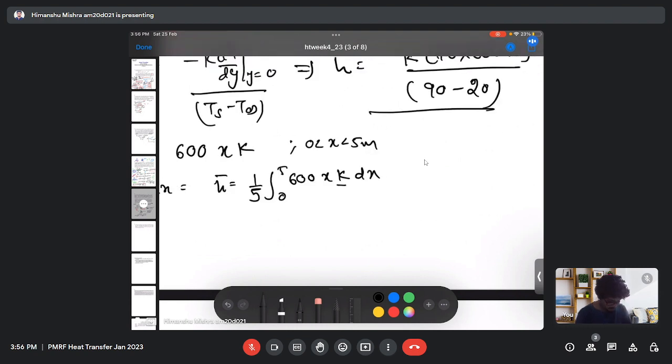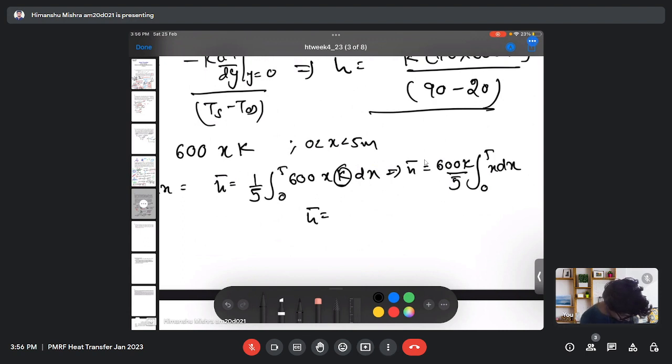Since we are assuming here that our thermal conductivity is a constant, we can write 600k by 5 integral of x dx, and it will be x square by 2.